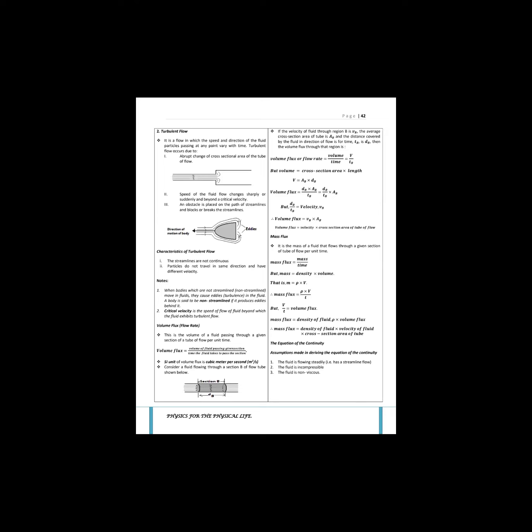You will need the formula volume flux equals to volume over time, and you may also need volume flux is equals to velocity multiplied by the cross-sectional area A.